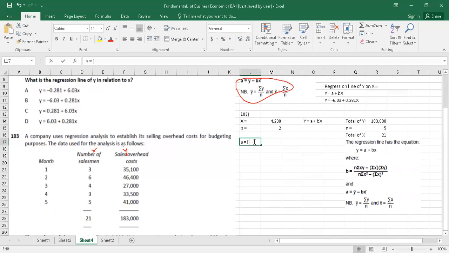So here it will be 183,000 divided by 5, close this bracket, minus b.